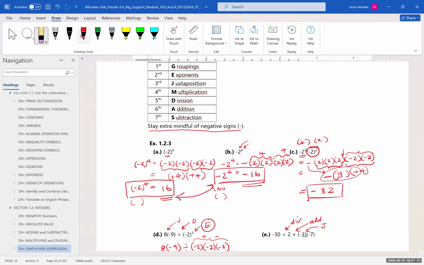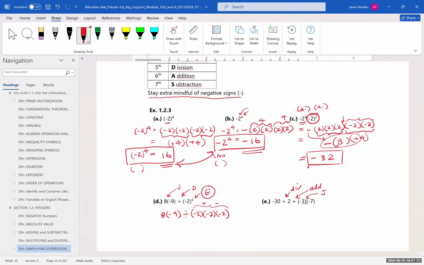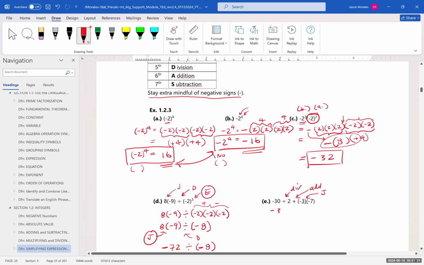So let's do the juxtaposition first. So we have -30 divided by 2 plus, and we have a negative times a negative. So when the signs are the same, it becomes positive. And 3 times 7 is 21.